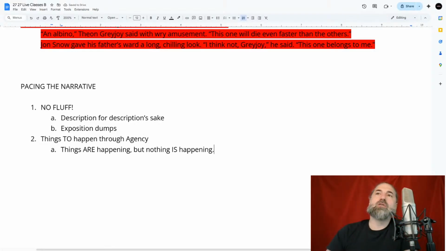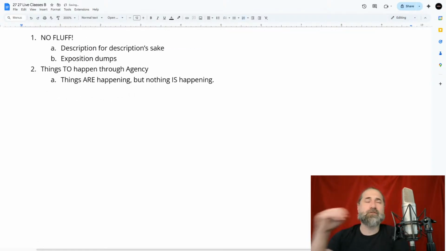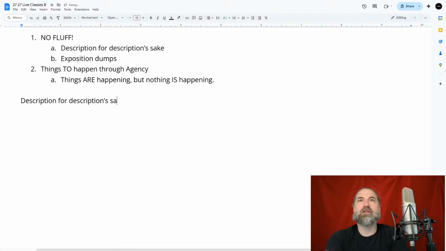If things are happening through agency of character, pacing moves quicker. If characters are describing things, noticing things, experiencing things, or emotionally reacting. What's fluff? Fluff is description for description's sake or exposition dumps. I'll give you a real easy example. A physical one.